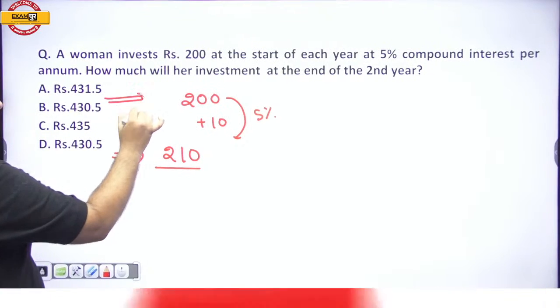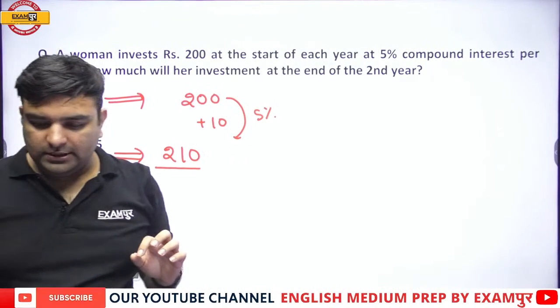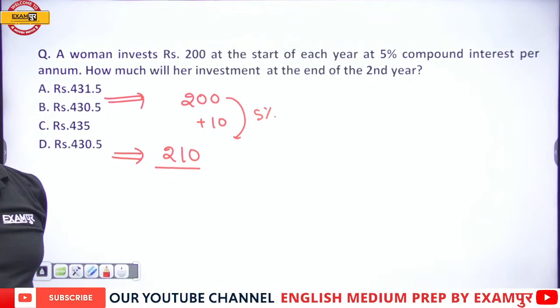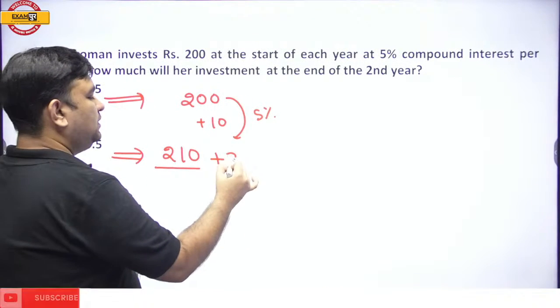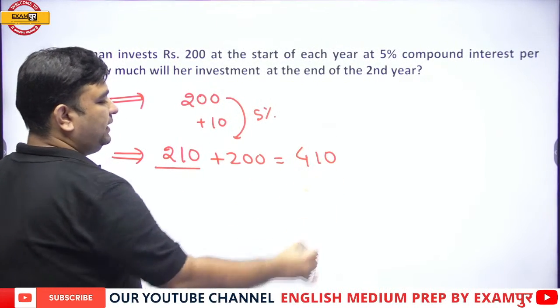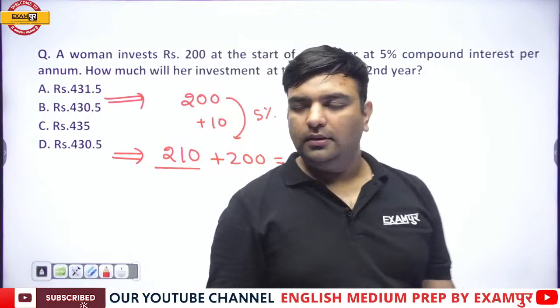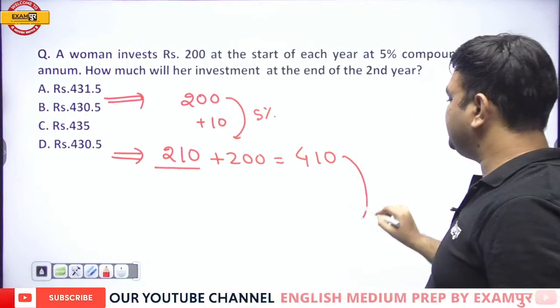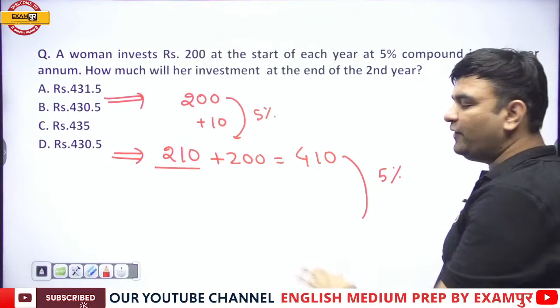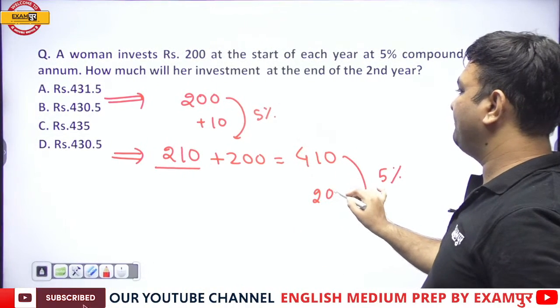Now you will deposit 200 more, so it will become 410 at the beginning of the second year. Again, you will get 5% interest. 10% of 410 is 41, so 5% is 20.5.